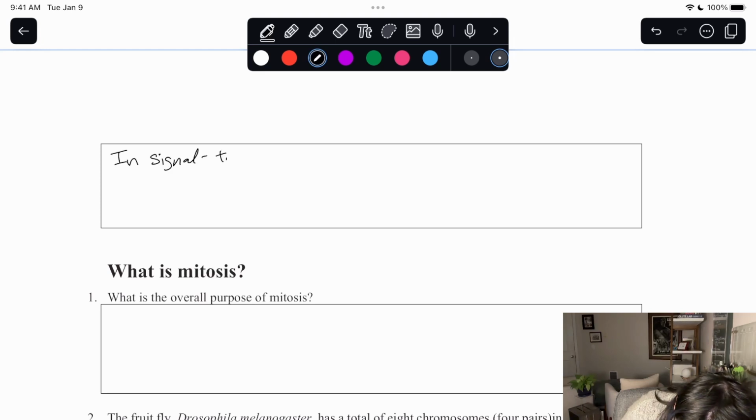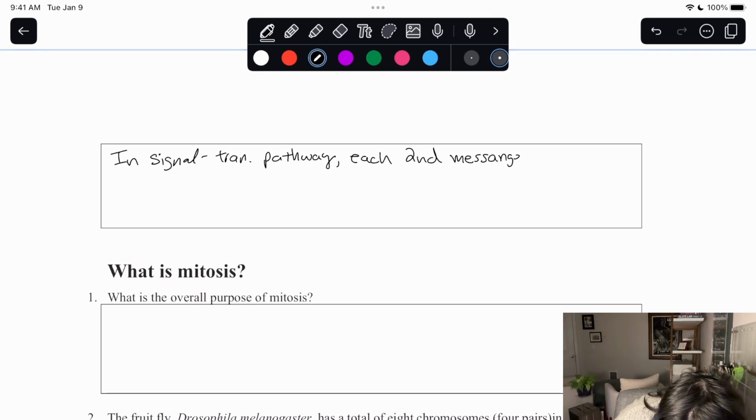So in a signal transduction pathway, each second messenger can catalyze more than one reaction.